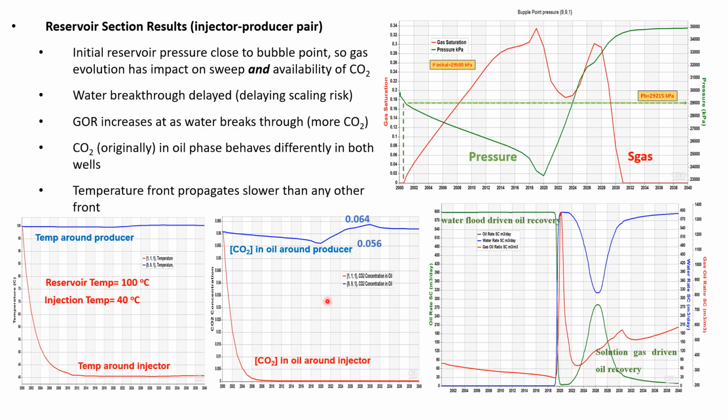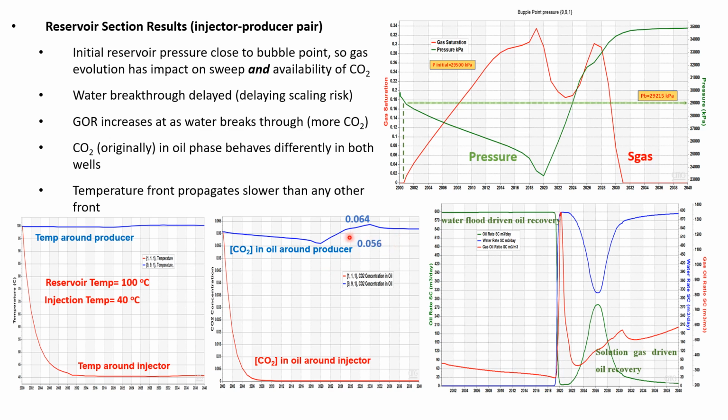After that, we go to figure number 3. This figure shows the CO2 concentration around the producer and injector wells. Around the producer well, there is no big change in the CO2 concentration, only about 0.056 to 0.064.